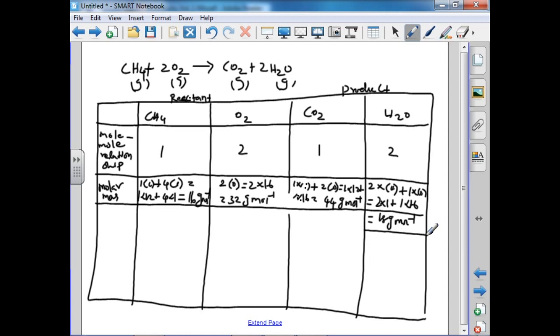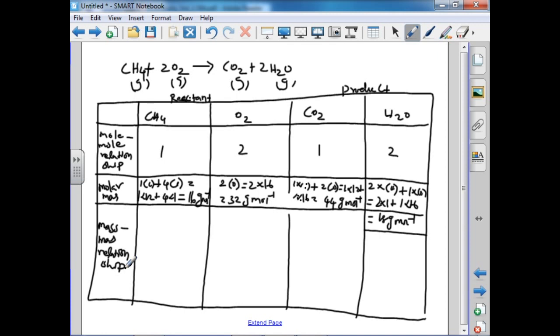The next relationship, mass relationship. So the formula: the molar mass is given, number of mole is given.